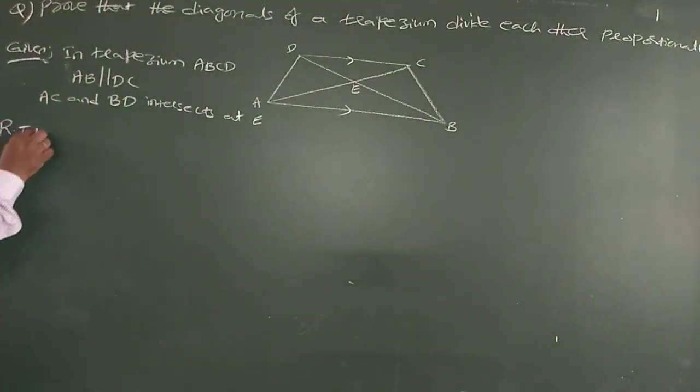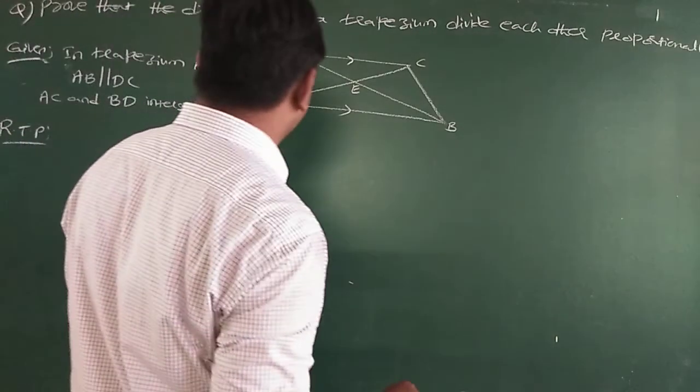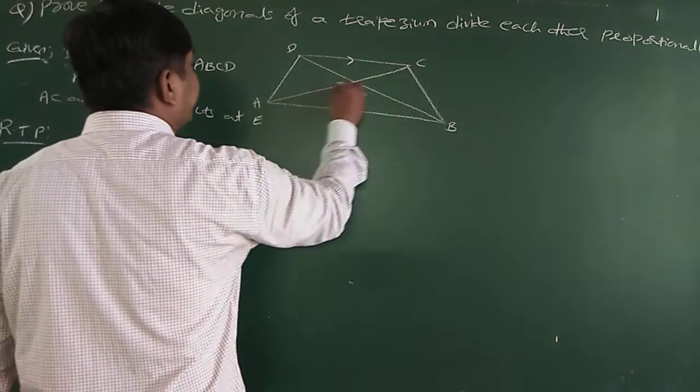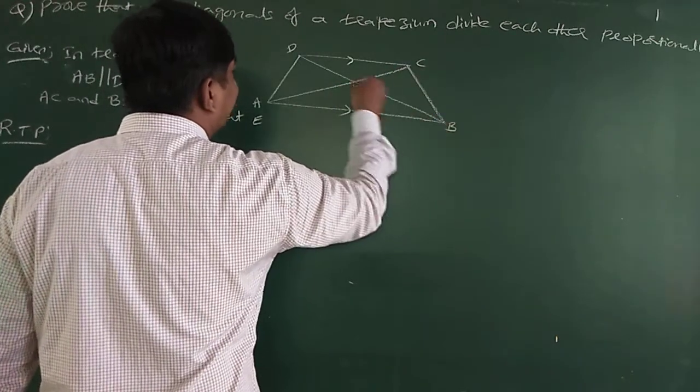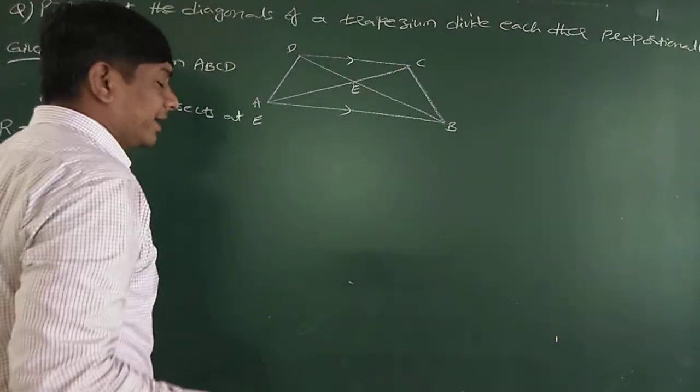Now what is required to prove is that they divide each other proportionally. Means AE by EC is equal to BE by ED.